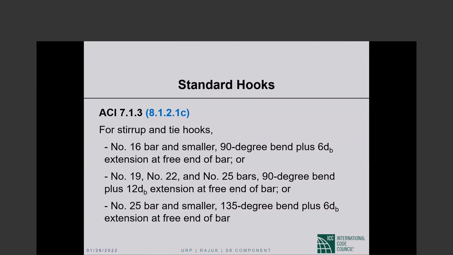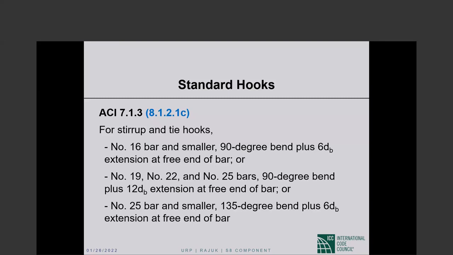So those are for longitudinal bars. For stirrups and ties, standard hooks are for number 16 bar and smaller, 90-degree bend plus 6-bar diameter extension at free end of bar. So the standard hook for longitudinal bars is somewhat different from the standard hook on stirrups and ties.